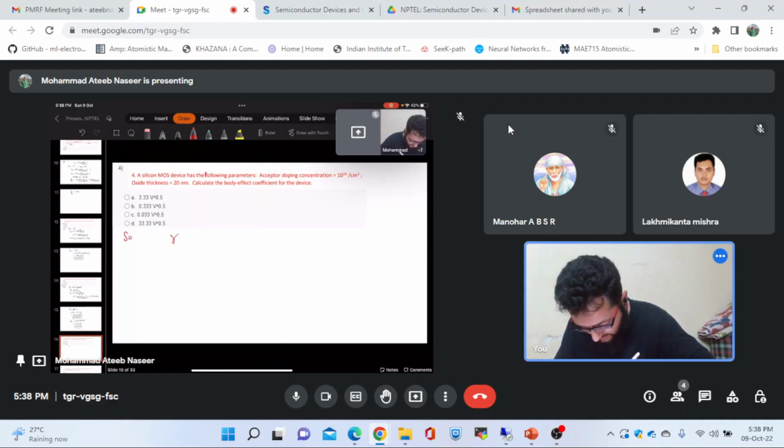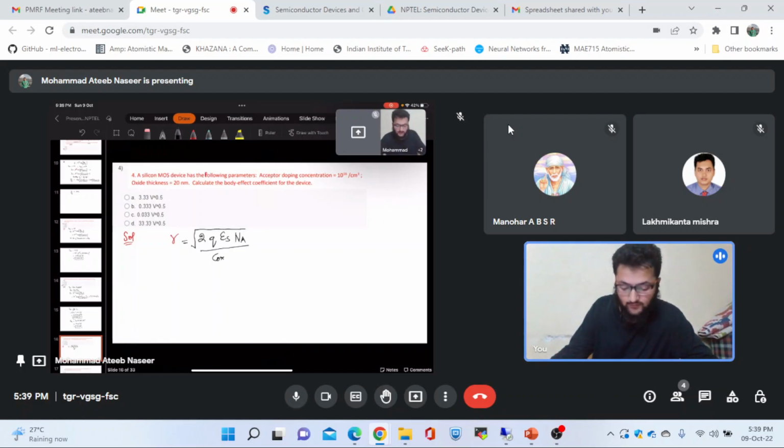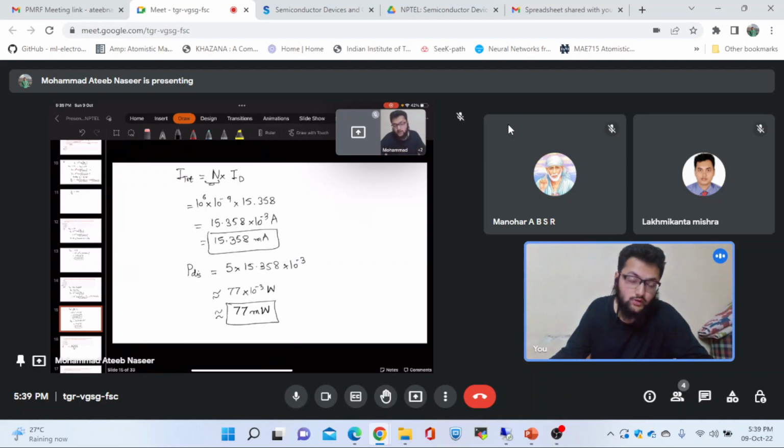This gamma is the body coefficient. As we know, it is equal to root of 2 times epsilon s, q and NA over Cox. Can anyone tell me what are the units of this gamma? It's unitless.